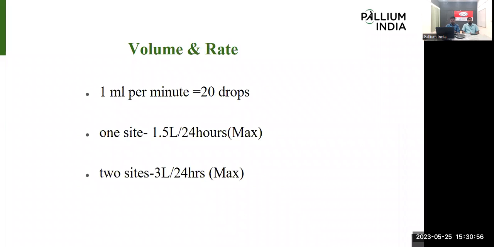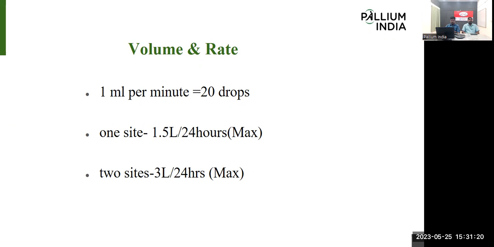If it is 2 ml, 3 ml, or 5 ml of medicine given subcutaneously as a bolus, we need to take that much time. 5 ml means 5 minutes. We need to give the injection over that much time, or otherwise the patient will feel pain in the subcutaneous area.